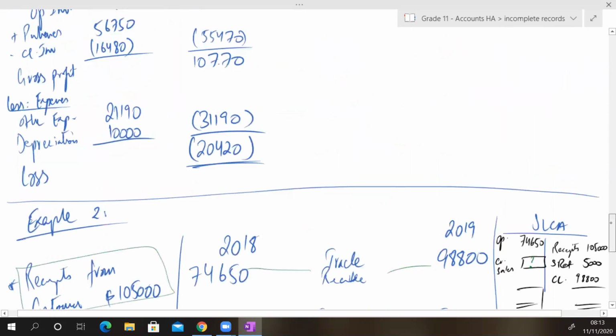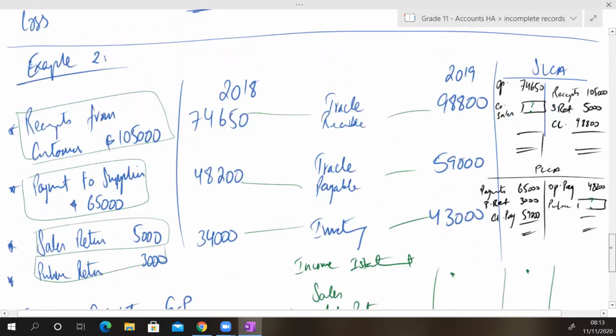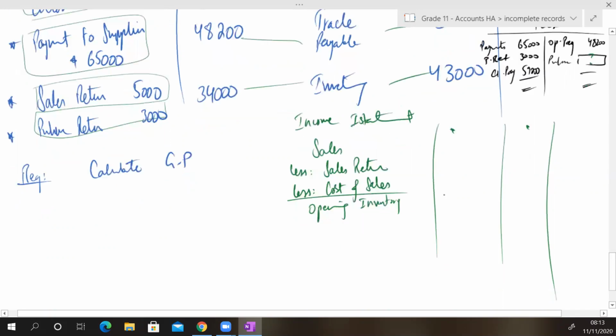Opening inventory was given to you in the question. Plus purchases, ये PLCA से आएगा, ये SLCA से आएगा. Sales return was 5,000.